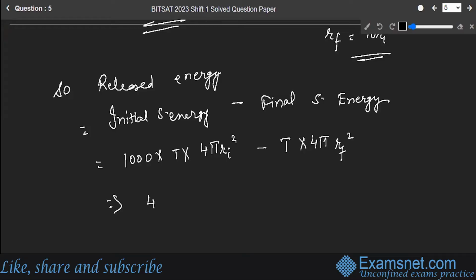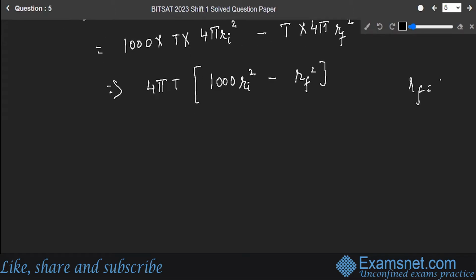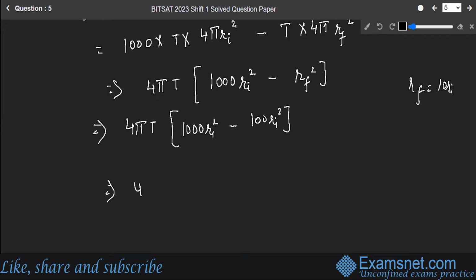Taking 4 pi T common: 1,000 Ri square minus final radius square. Now Rf is 10 Ri, so 4 pi T into 1,000 Ri square minus 100 Ri square. Taking Ri square also common, 4 pi T Ri square multiplied by 900.